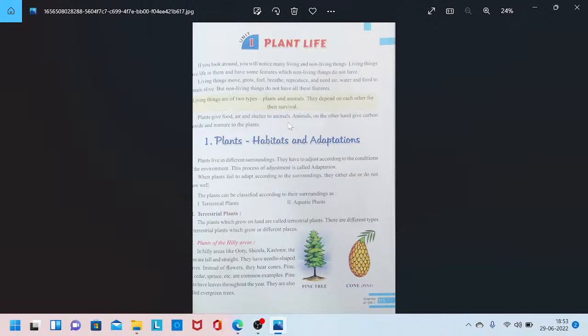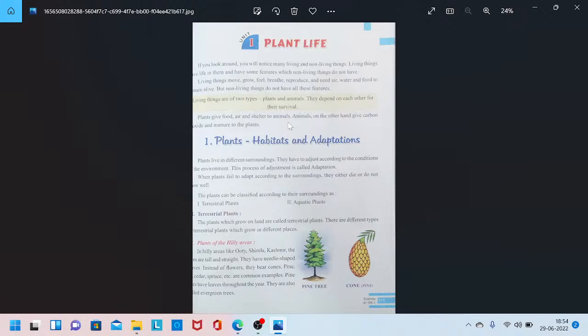Like plants give oxygen to us, in return we are giving carbon dioxide to help them grow. And manure is nothing but what, children? It's wastage, like excreta, the wastage whatever we have inside, right? So that wastage is turned into manure for the plants.